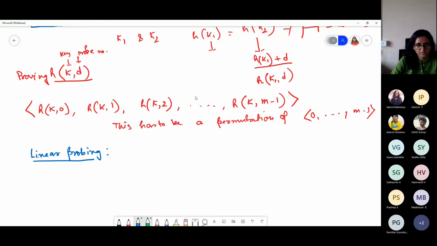For linear probing and for all other probing also, h of k comma i equals to something, k dashed, but this k dashed I am getting after applying h dashed over k plus some value, say i, with mod m.